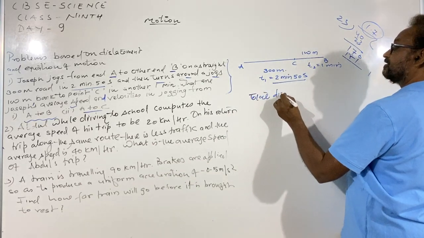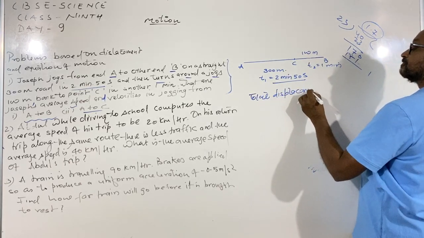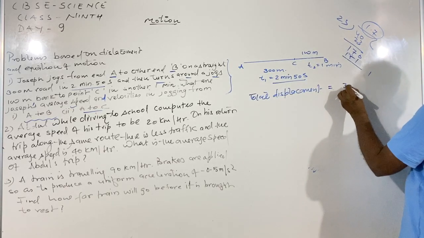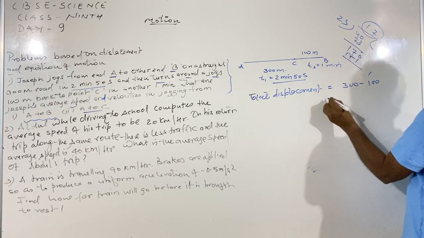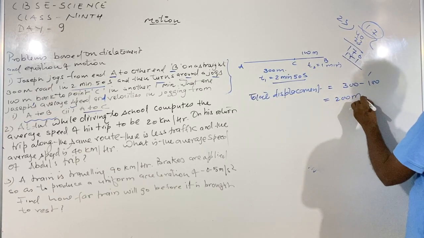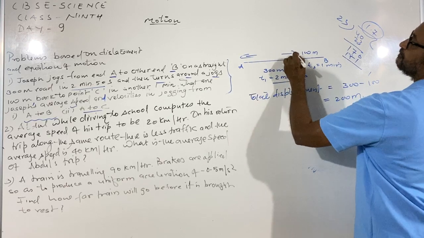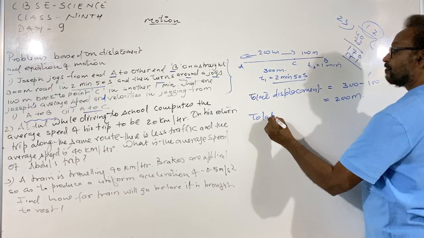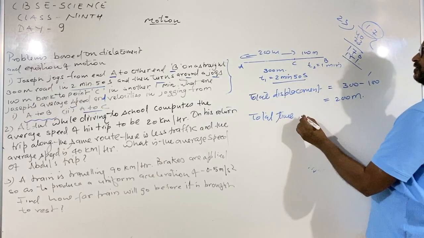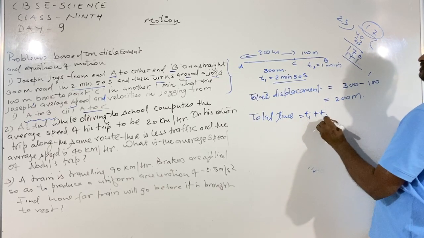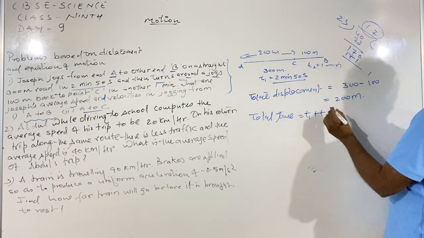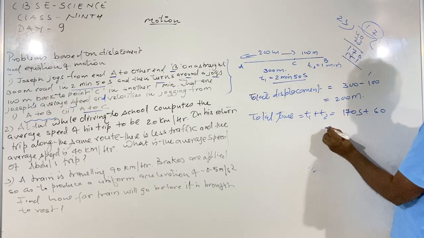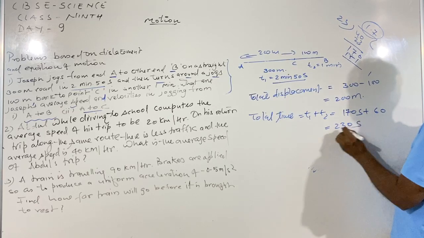Total displacement, net displacement you can say, is equal to 300 minus 100, that is 200 meter. Total time, T1 plus T2, that is 170 seconds plus 60 seconds, that is 230 seconds.